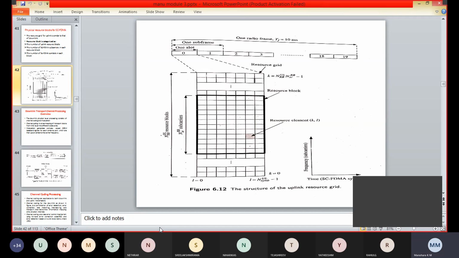In the current specification, only localized resource allocation is supported in the uplink, which preserves the single carrier property and can better exploit the multi-user diversity gain in the frequency domain. Compared to distributed resource allocation, localized resource allocation is less sensitive to frequency offset and also requires fewer reference symbols.